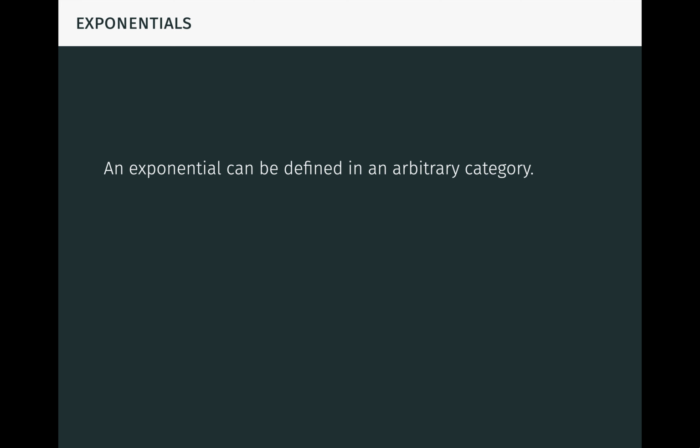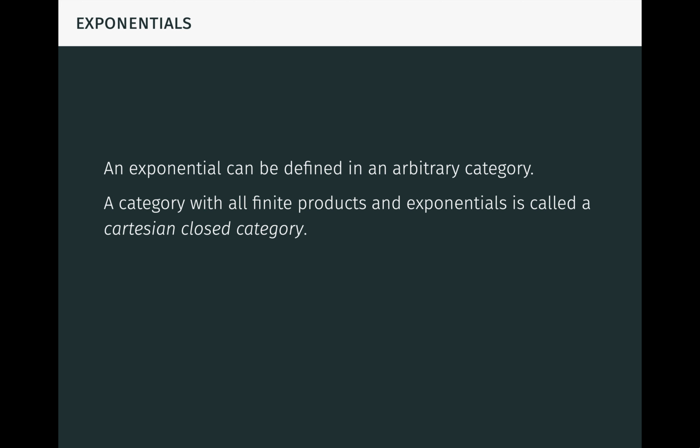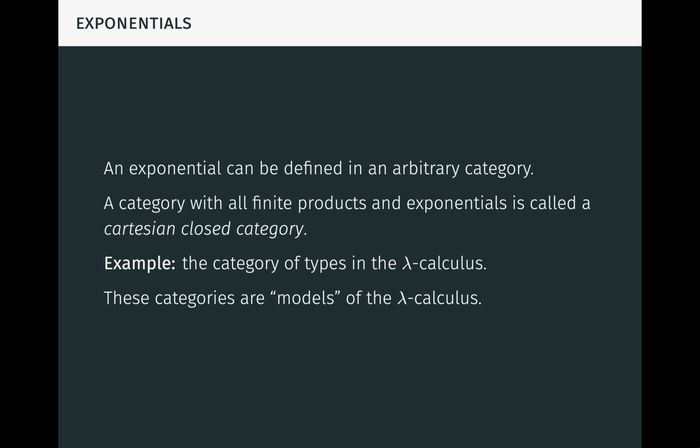Like a product, an exponential can be defined in an arbitrary category. A category with all finite products and exponentials is called a Cartesian closed category. As an example, we've just seen that the category of types and functions in the lambda calculus is Cartesian closed. More generally, these categories provide semantic models or interpretations of the lambda calculus.